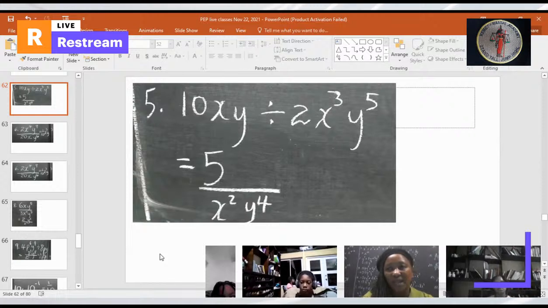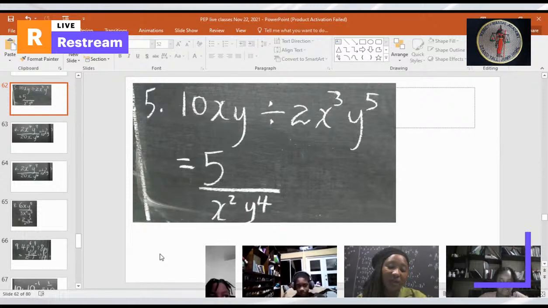Well, if we're writing it without the division line, we would put 5x to the -2, y to the -4. But miss, when it's written as it is on the screen, the x squared and the y to the fourth power end up on the bottom of the division line because they were negative.